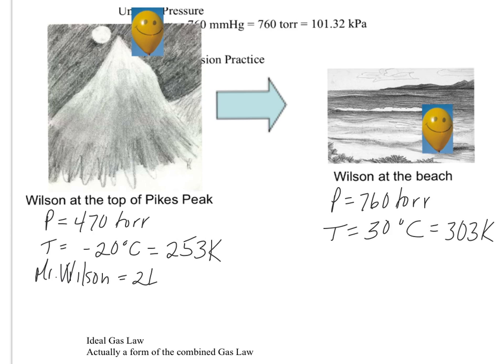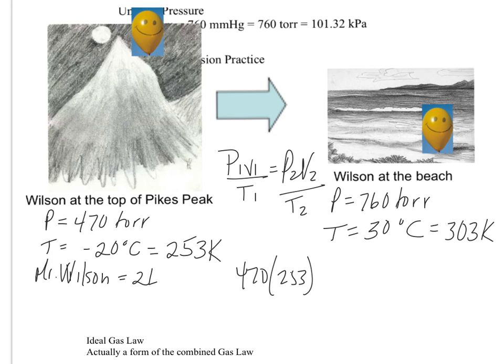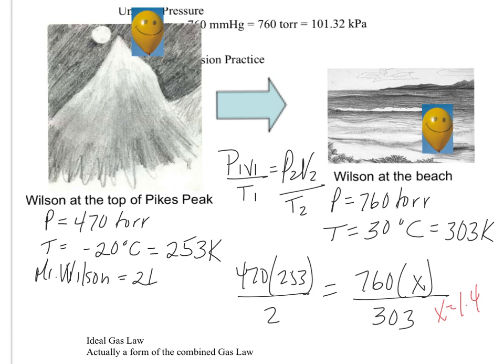So we've got our P1 V1 over T1 equals P2 V2 over T2. So 470 times 253 over 2 equals 760 times X over 303. And then when I solve, I get X equal to 1.48 liters.